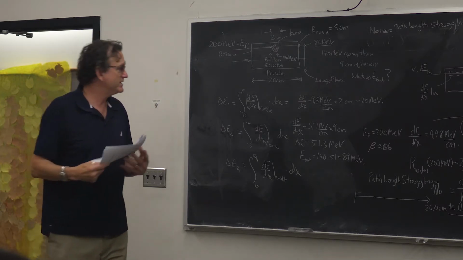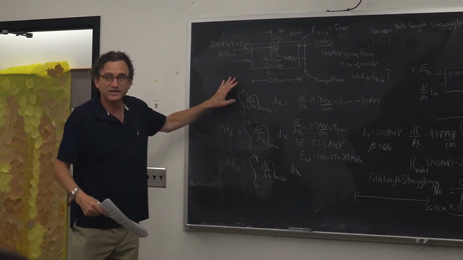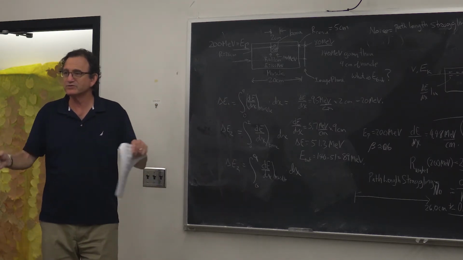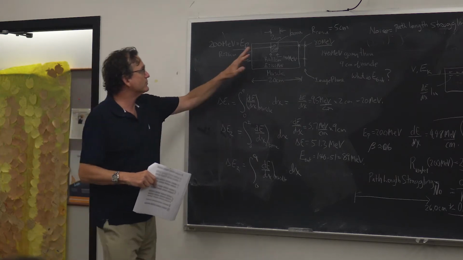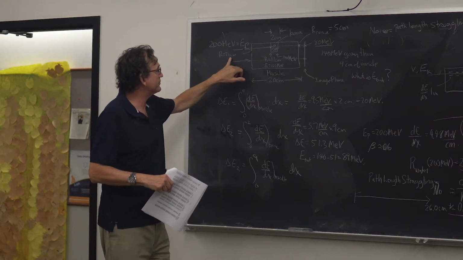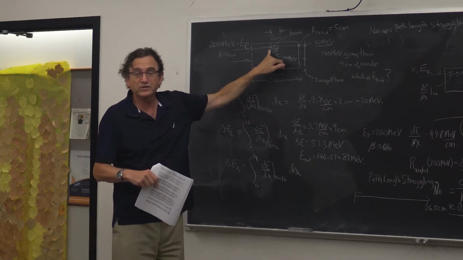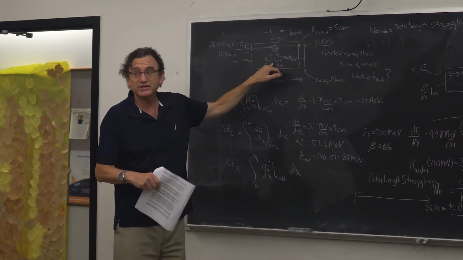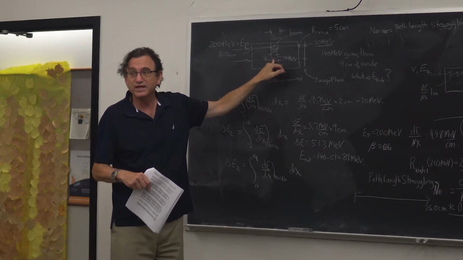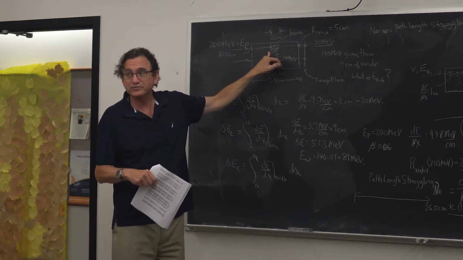So with these tables, I don't have to do any of these calculations. I'm going back and forth between energy and range the whole way. I'm starting out with this energy. I have 26. I know that this energy has 26 centimeters of range. If it goes through 9 centimeters of muscle, it's only got 17 centimeters left. I look up the energy for 17 centimeters of muscle. That's my starting energy in going through bone.